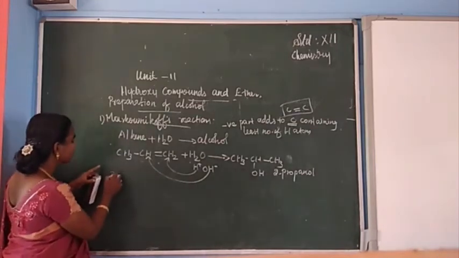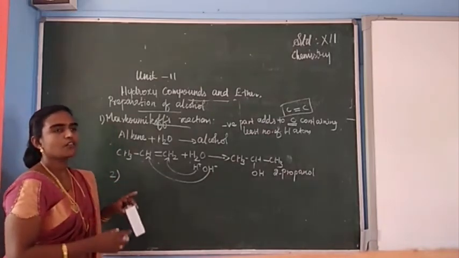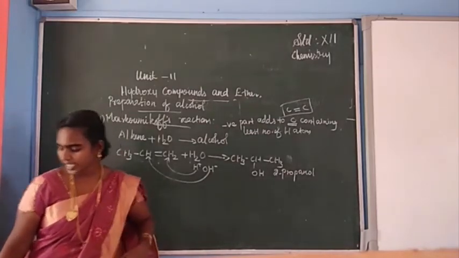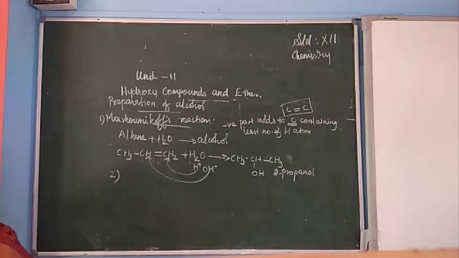Next method of preparation of alcohol is from Grignard reagent.